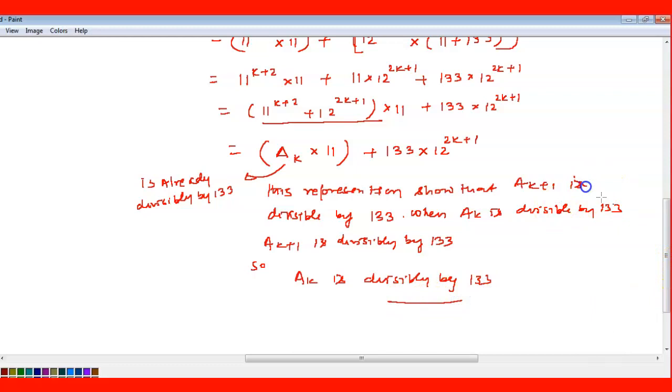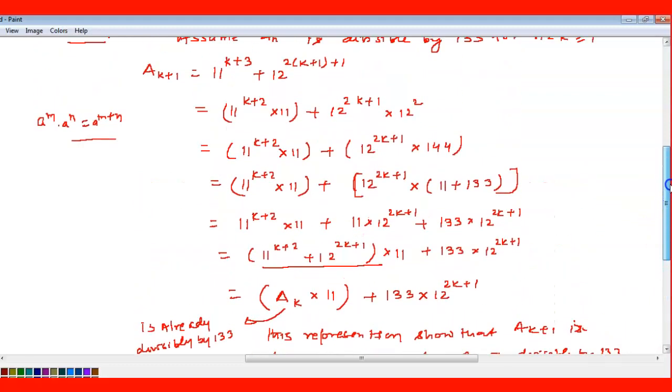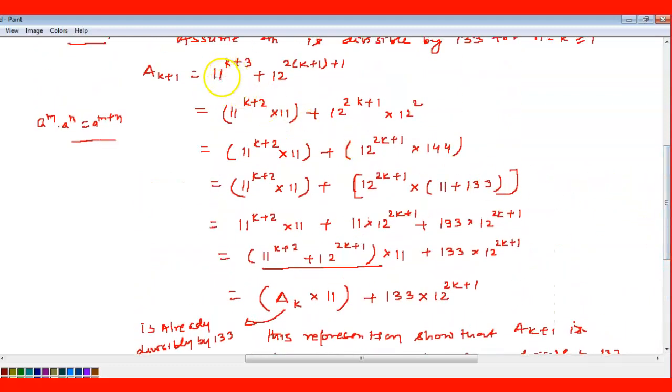No doubt till here, no? Any doubt? Do you need one more explanation? Just what I did here, I replaced with k plus 1, and 11 I have taken out, and 12 square is 144. 144 I can write as 11 plus 133, and multiply this term with this term. So this one we already got is a multiple of 133. This term is a_k only, which we have already considered divisible by 133.